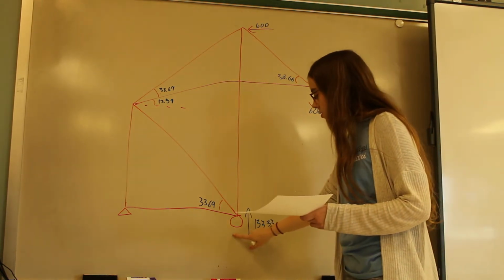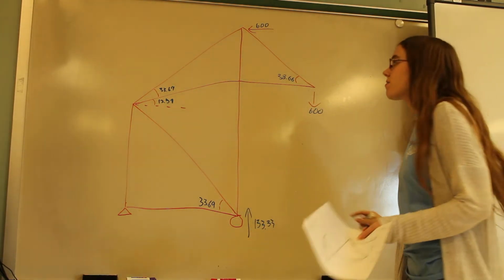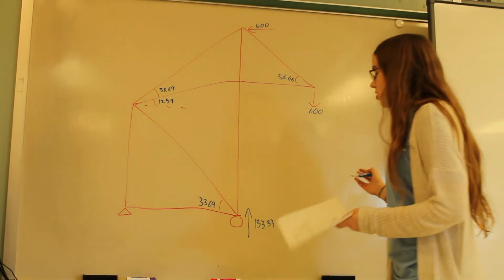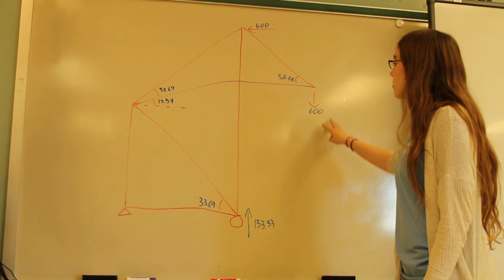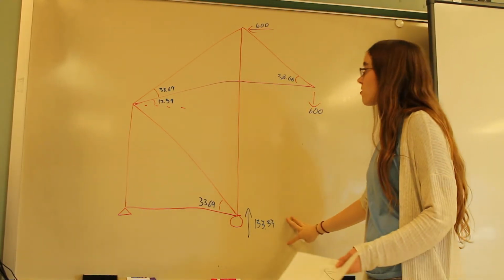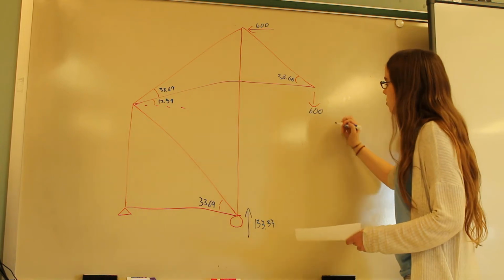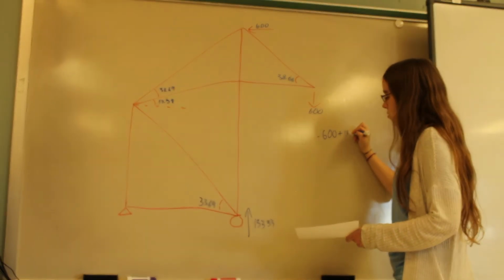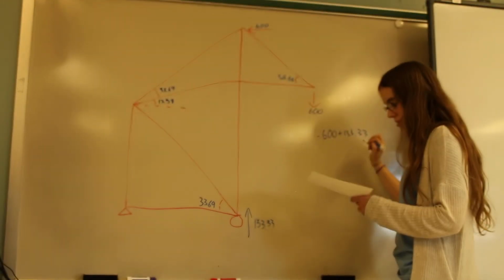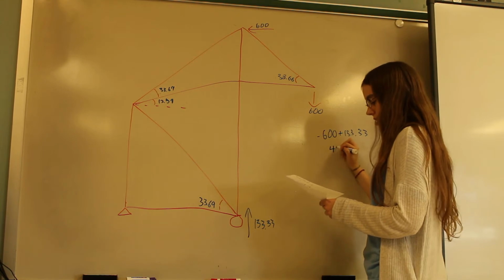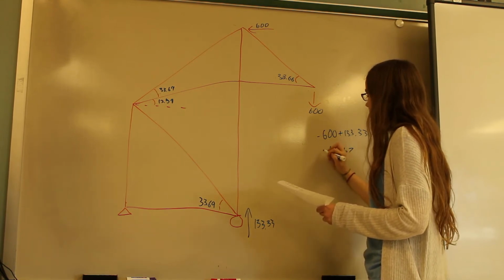So now we are looking at, is the entire object in motion, like up or down or side to side? So currently, this force needs to be balanced, this force needs to be balanced, and this force needs to be balanced. So currently we have 600 down plus 133.33 up, which is a total of 466.67 down.